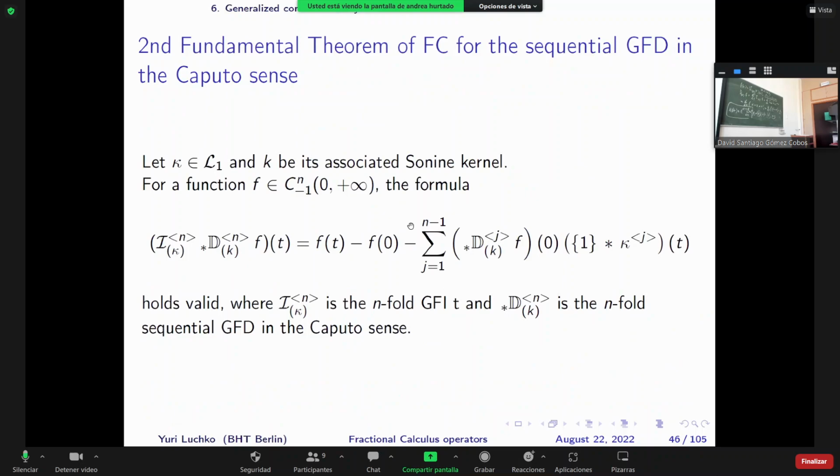But another formula, this formula with the Caputo fractional derivative, is valid just for continuous functions. Well, of course, you see here that we have different coefficients, but also different basic functions here in the polynomial.